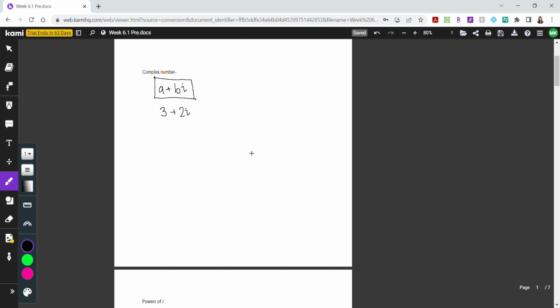Could also be like -4 minus 6i. -4 is the real number and -6i will be the imaginary number. All right, so I will repeat. A complex number is just an imaginary number written in the standard form a plus bi.